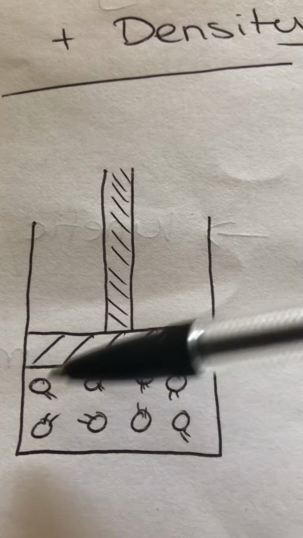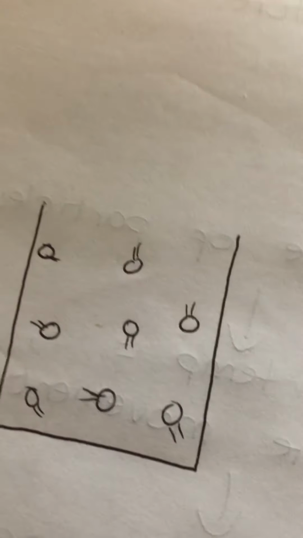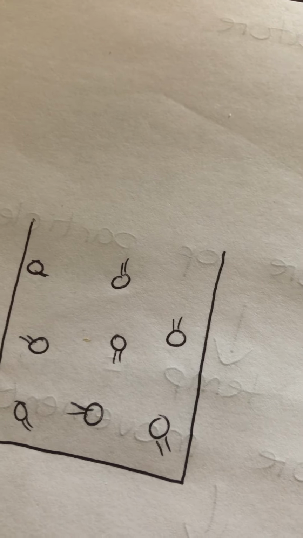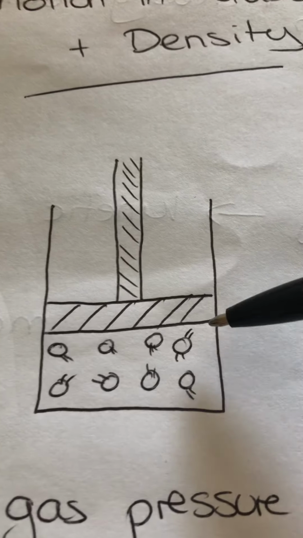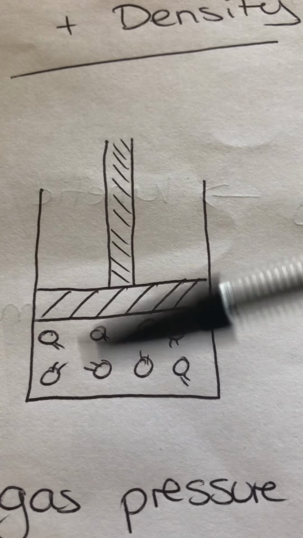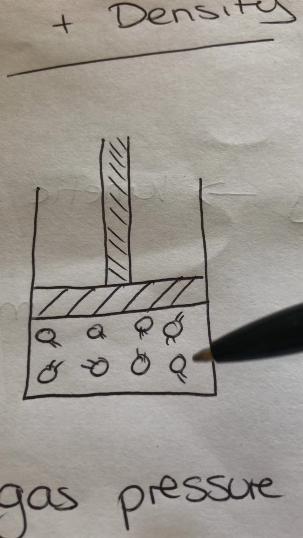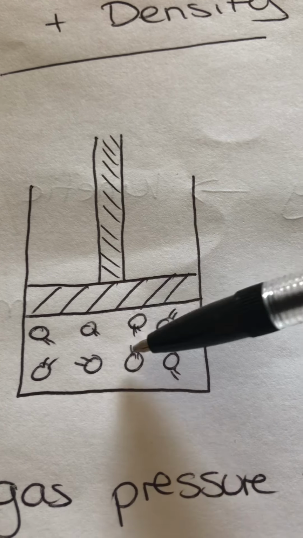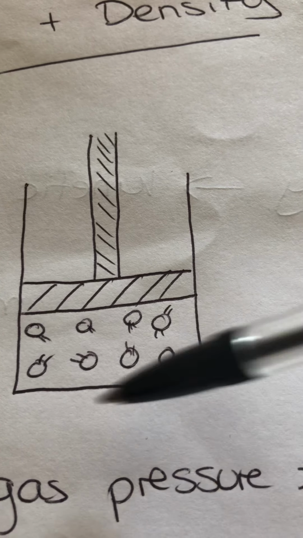And that's because you've got the same number of gas particles as you had previously. Okay. You've got 8 there and you've got 8 over here. But because you've decreased the space, you have increased the collisions between the gas particles and each other, and the gas particles and the side of the container.